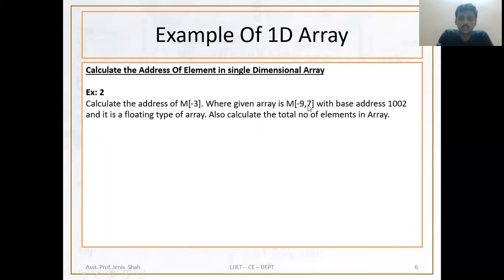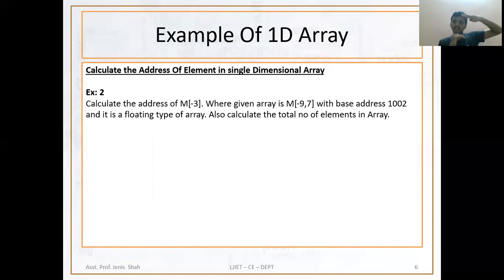What this shows is that in some programming languages, it might be possible that the array index starts from a negative number. So here in the question they already give the range of index. Range of index is minus 9 to 7. In the previous one, if you remember, the array index starts from 0 and the last element index is 8. So 0 to 8, 0 is the lower bound, 8 is the upper bound.